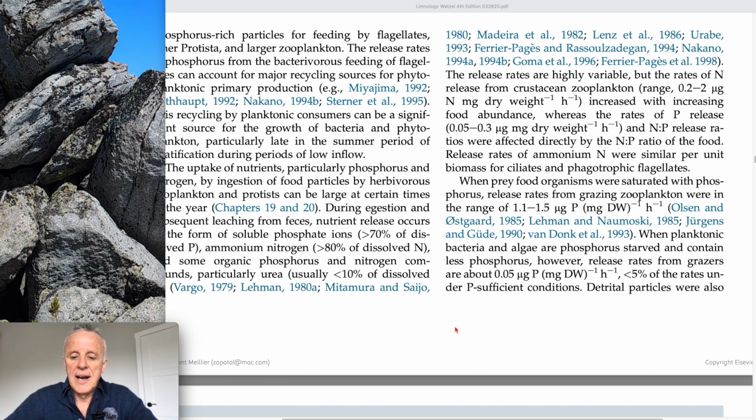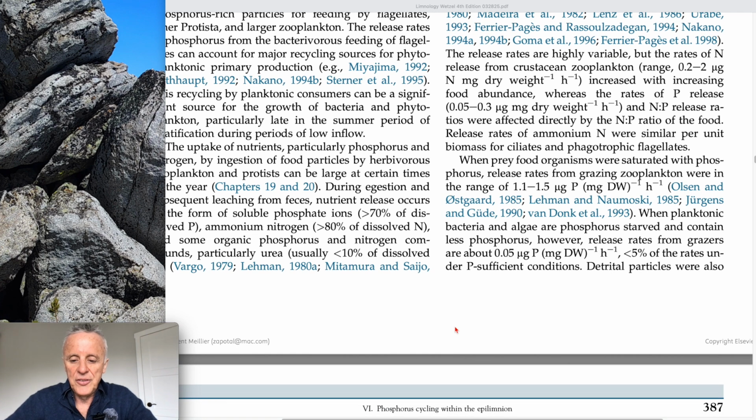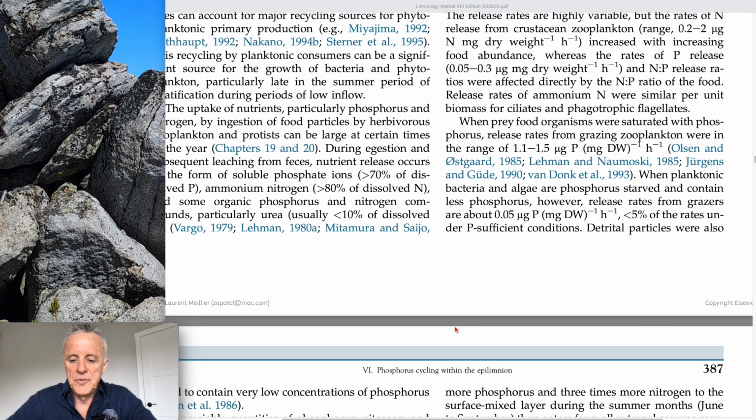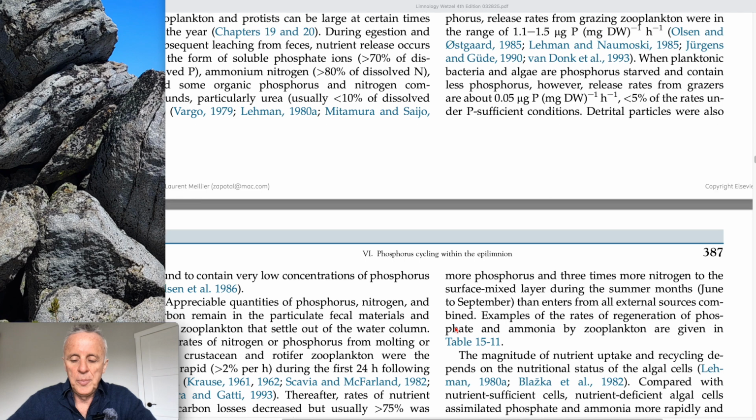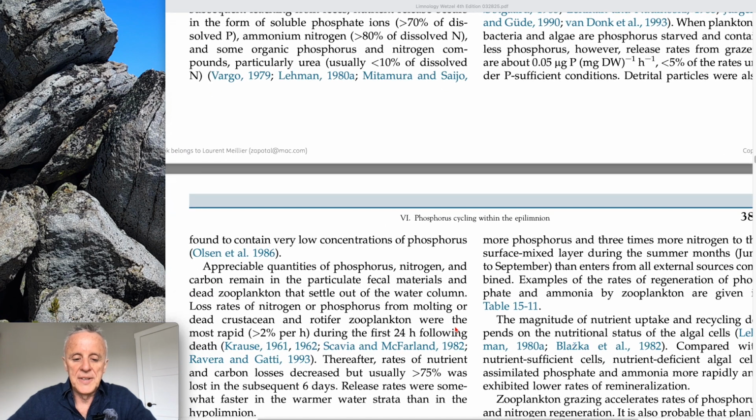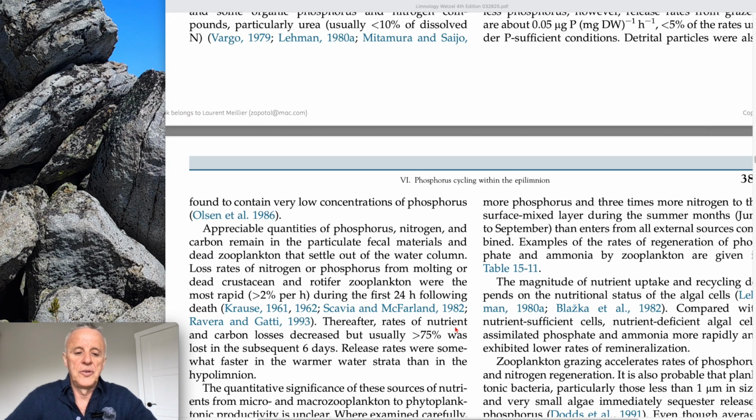When planktonic bacteria and algae are phosphorus starved and contain less phosphorus, however, release rates from grazers are about 0.05 micrograms of phosphorus per milligram of dry weight per hour, less than 5% of the rate under phosphorus sufficient conditions. Detrital particles were also found to contain very low concentrations of phosphorus.